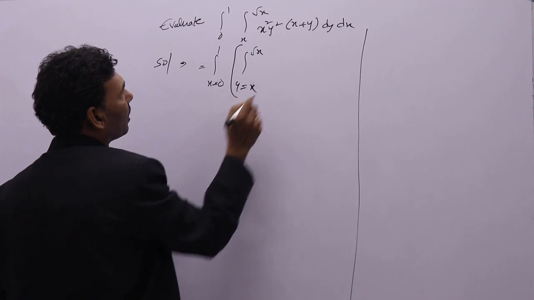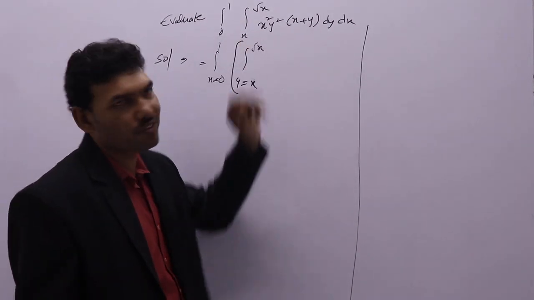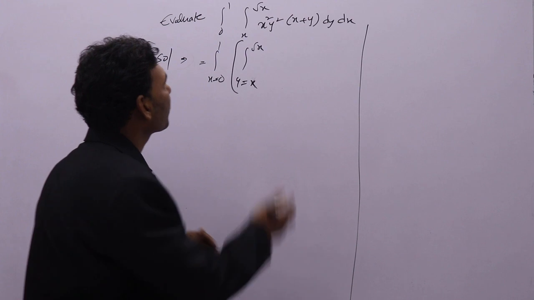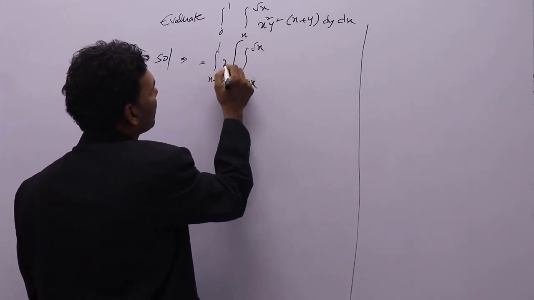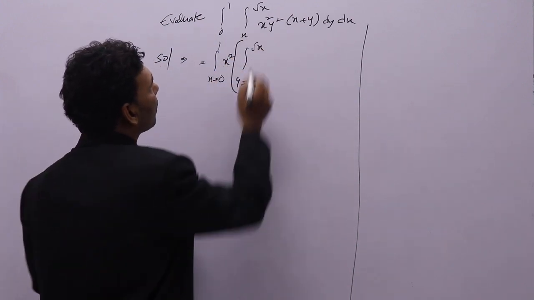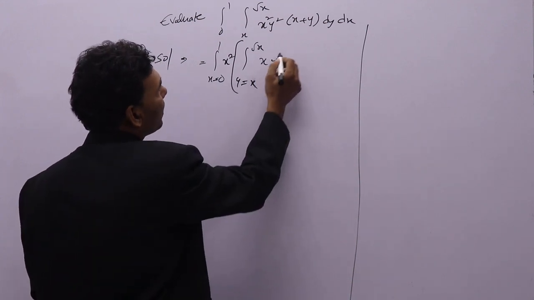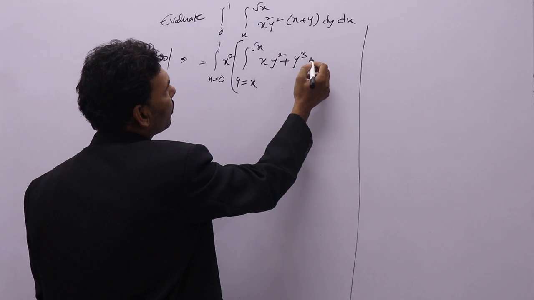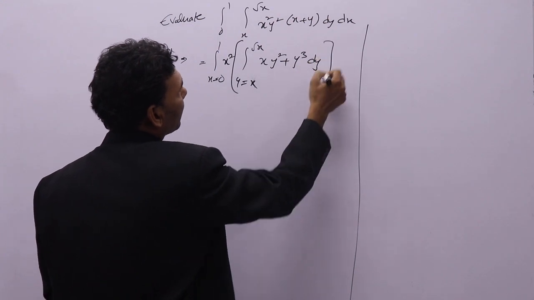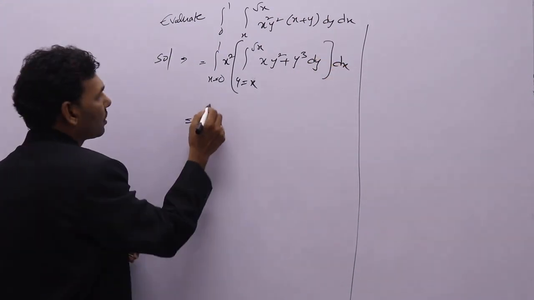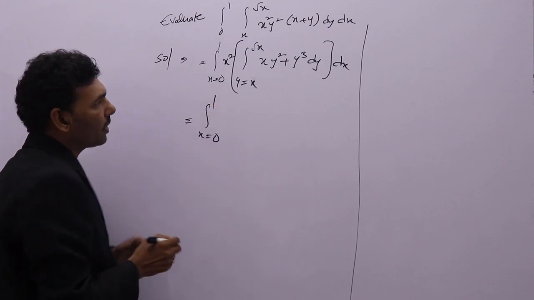Okay. Now I am going to integrate first with respect to y. For that, I am keeping this x square as constant. Now I am multiplying this one with y square. What will you get? x square y square plus y cube dy dx, with x equal to 0 to 1.